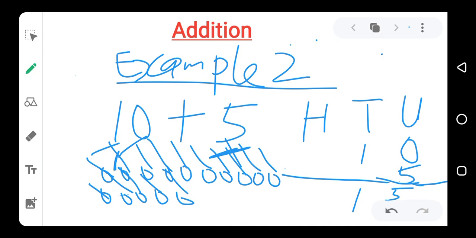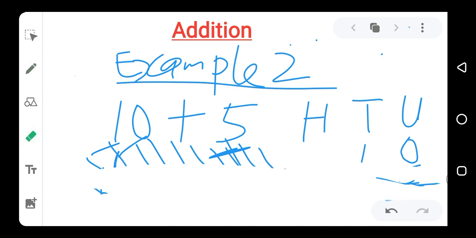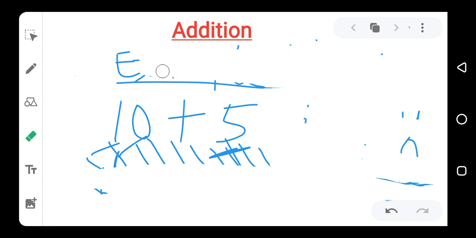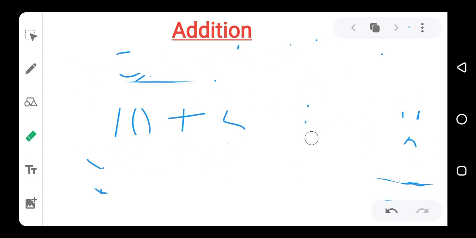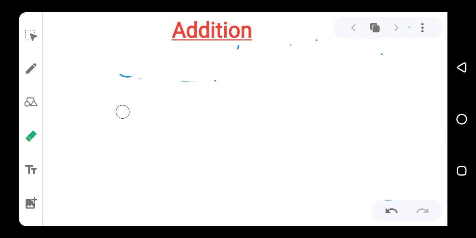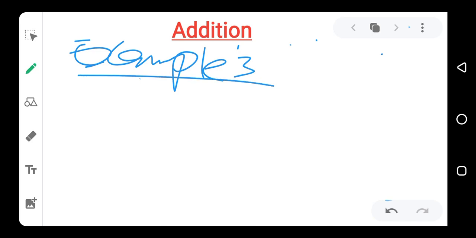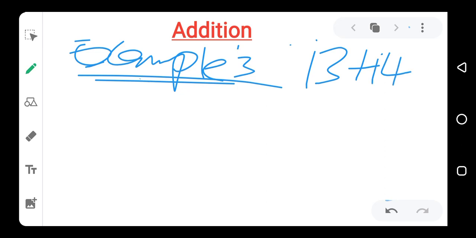Now let's look at another example. Let's add 13 and 14. Add 13 plus 14.